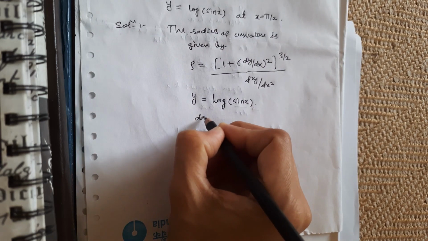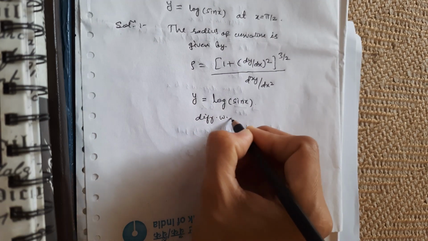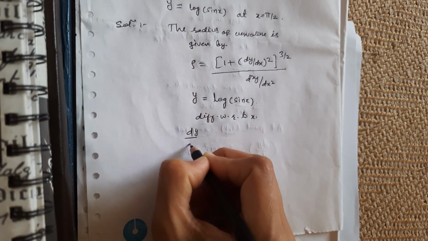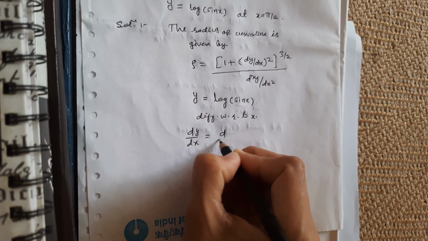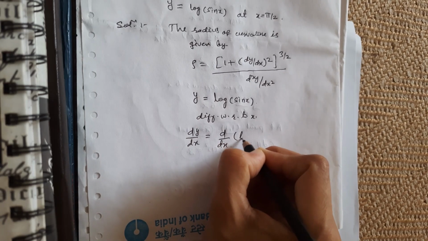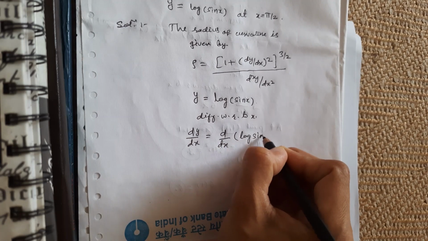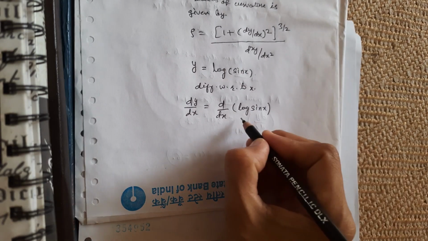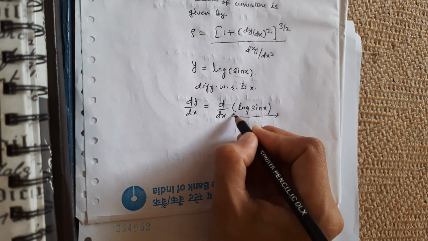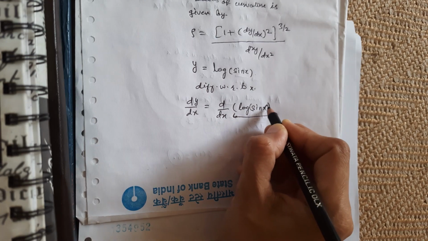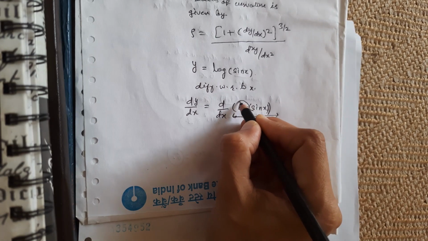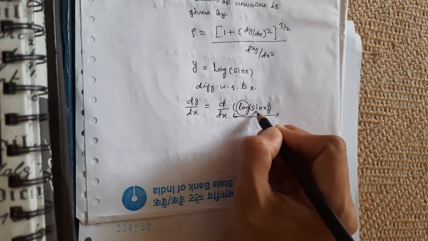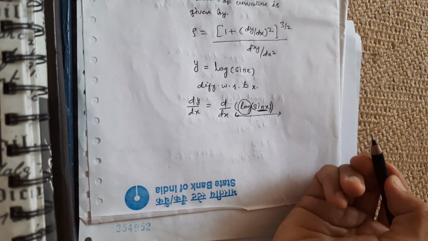Now my equation of curve is given, y equals log sin x. Differentiate this with respect to x. So I will get dy by dx equal to d by dx of log sin x. Now remember, this is a composite function. So first I will take the derivative of the outer function multiplied by the derivative of the inner function. This is my inner function.